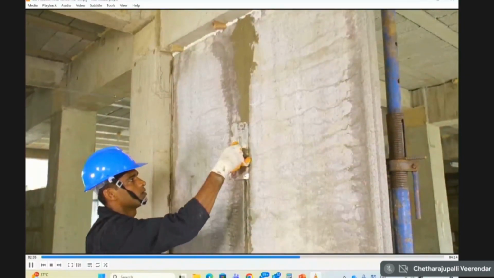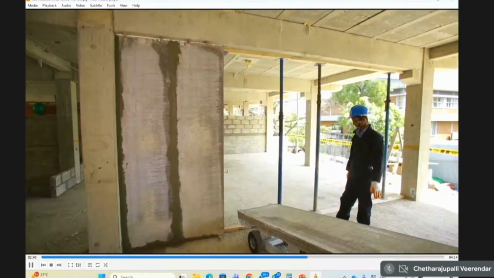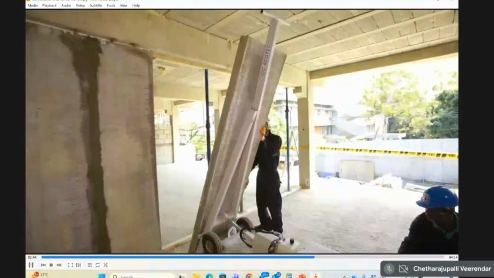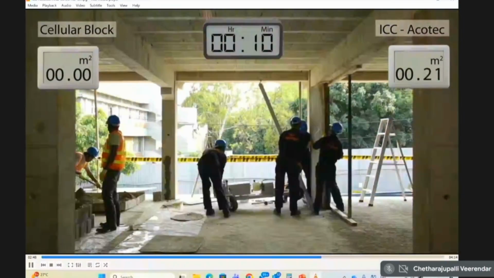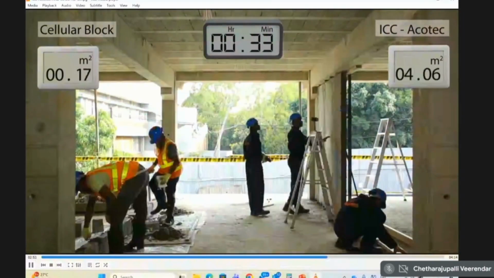So you do not want any kind of sagging of the beam or the slab to put load on this wall and create a crack. So you're just keeping an insulation layer in between just to fill it up and give it a bit of space there for taking care of the expansions and sagging.